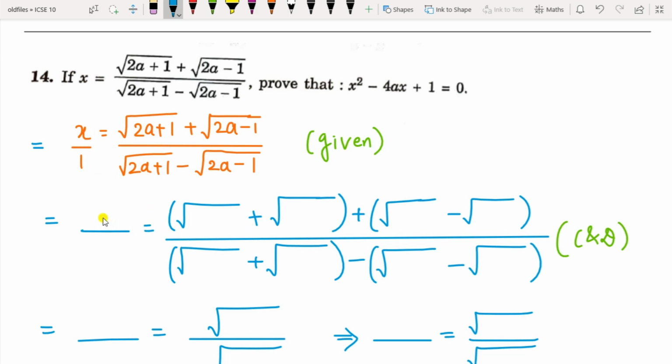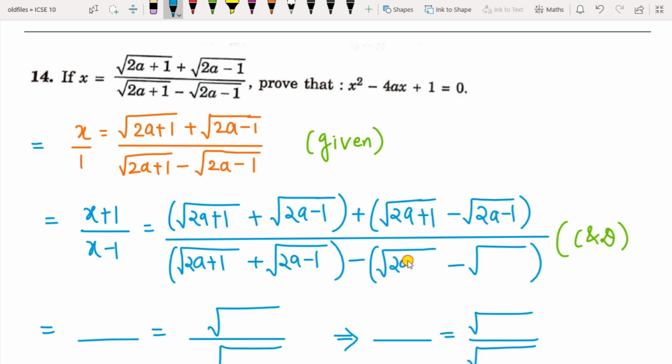See, it is (x plus 1) upon (x minus 1) equal to (under root of (2a plus 1) plus under root of (2a minus 1), and plus for componendo, (under root of (2a plus 1) minus under root of (2a minus 1)), the whole upon (under root of (2a plus 1) plus under root of (2a minus 1) minus under root of (2a plus 1) plus under root of (2a minus 1)).